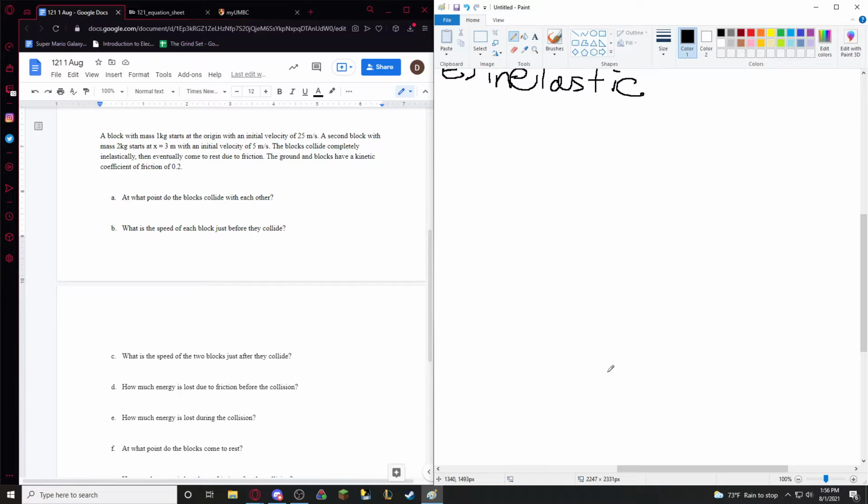So let's hop into the next one. We're going to have a block with mass 1 kilogram. It starts at the origin, x equals 0, with an initial velocity of 25 meters per second, to the right. So v naught is 25 meters per second, and the mass is 1 kilogram.